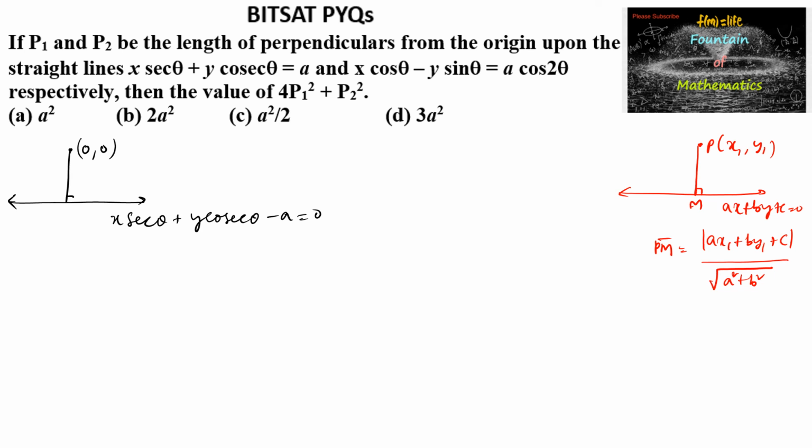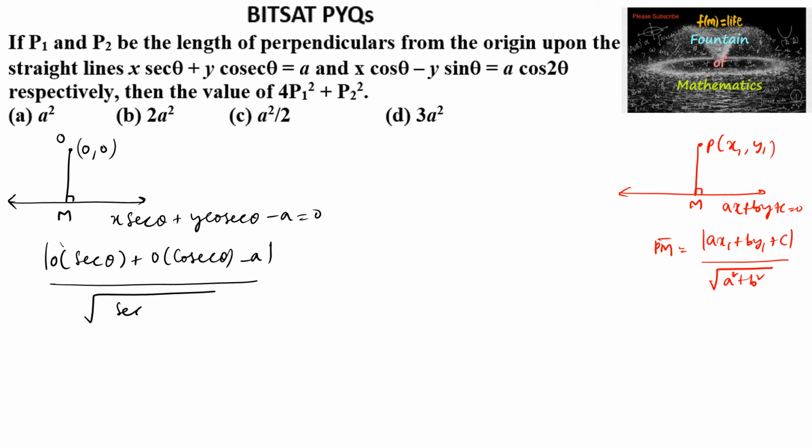So from O to M, let us take OM is |0 into secant theta plus cosecant theta into 0 minus a| upon root of a square plus b square, that is secant square theta plus cosecant square theta. So which is given by P1.